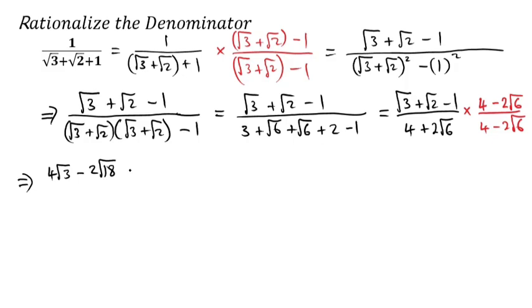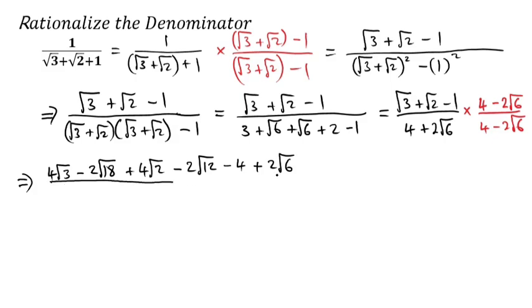Root 2 times 4 is 4 root 2. Root 2 times negative 2 root 6 is negative 2 root 12. And lastly, negative 1 times 4 is minus 4. Negative 1 times negative 2 root 6 is a positive 2 root 6.